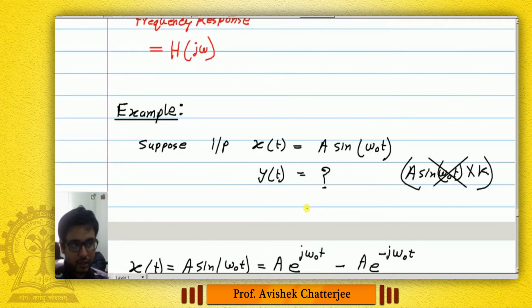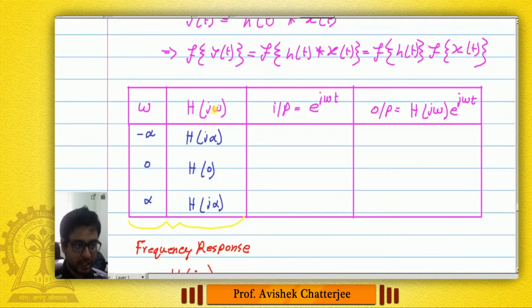So if I know this function H(j omega) as a function of omega for all values of omega, I know everything about the system. Okay?